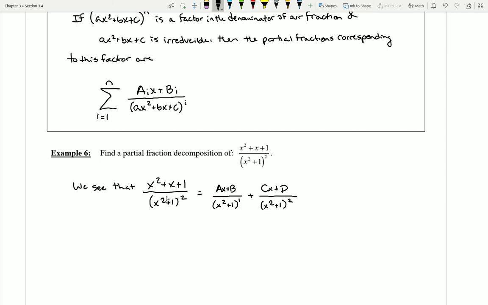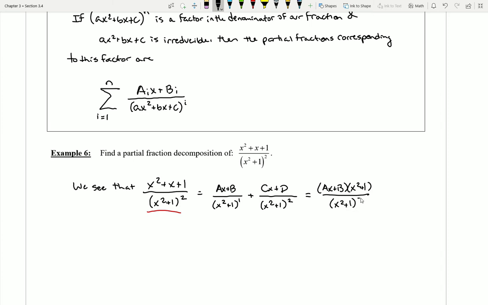Okay, great. So these are 2 fractions that when added together could produce this. But I don't know what the values of a, b, c, and d are in order to make this happen. So again, we'll get our common denominator, and we want to match the denominator that was occurring over here. Notice, what does that mean I'd have to multiply my first fraction by if I want to make this the denominator over here? Well, I'd have to multiply ax plus b by my x squared plus 1, and that's it.